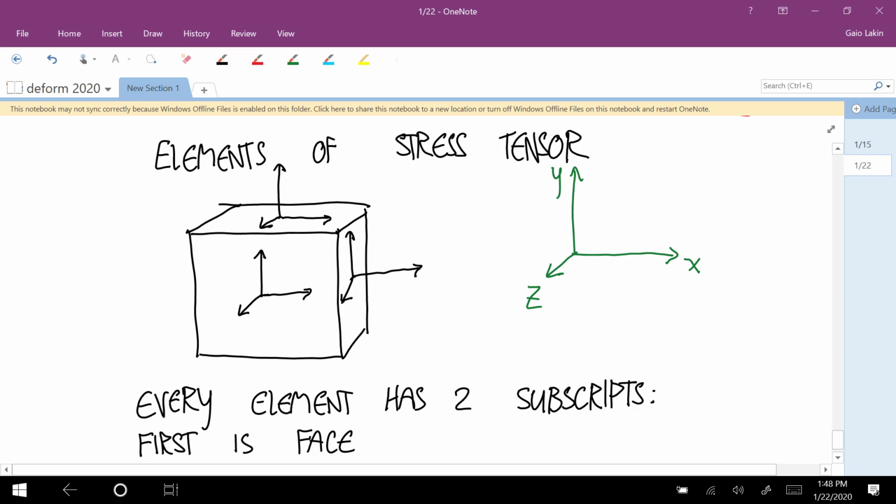Okay, so to think about what face you're on, you want to think about which axis is pointed from the inside to the outside of that face. So this face, let's do this one first, okay? Which of these three axes, if you started on the inside, would point out of that face perpendicularly? X, yep, so that's the X face. Are you with me on that?